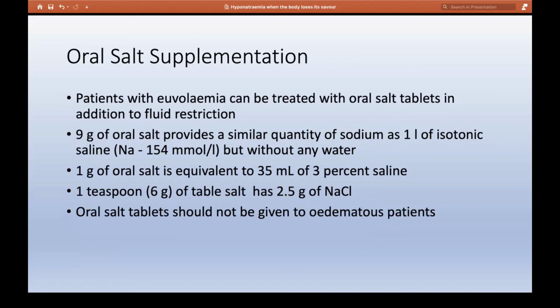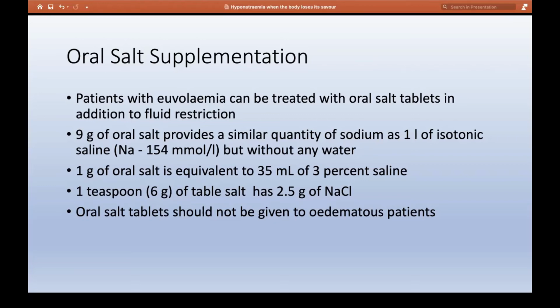So oral salt supplementation, essential that you need to know that patients with uremia can be treated by oral salt tablets, or in our setting, we can give salt as teaspoons. So usually what we say is 1 gram of oral salt is equivalent to 35 milliliters of 3% saline, or 9 grams of oral salt is equal to 1 liter of normal saline.